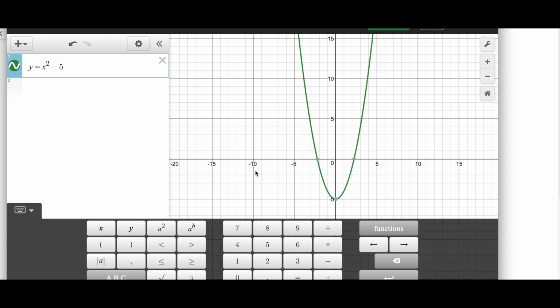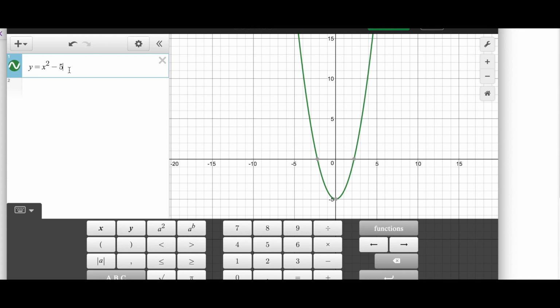Well, it's on the x-axis. If you have the x-axis right here, it's intercepting right there and right there. How many x-intercepts are on this graph? 1 right there and 1 right there. There are 2 x-intercepts.